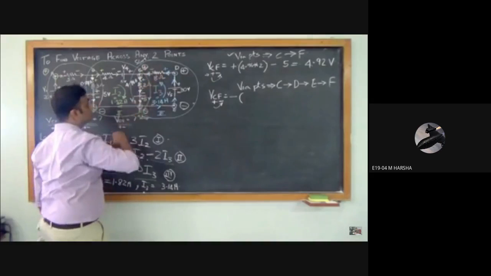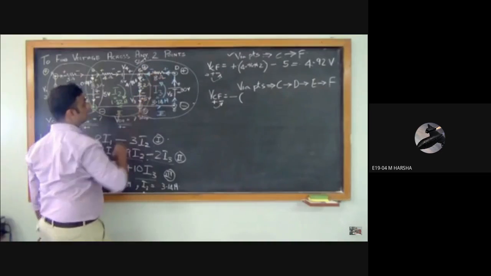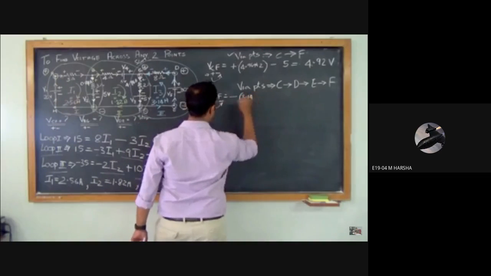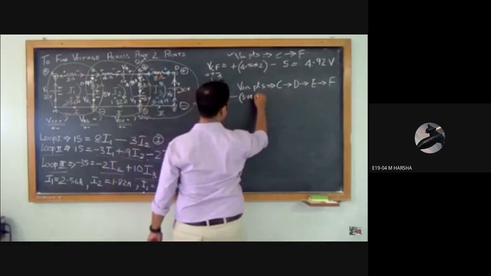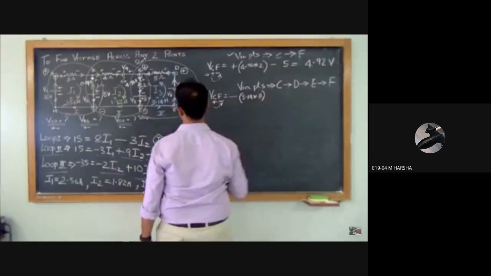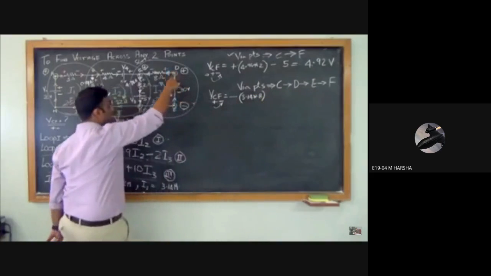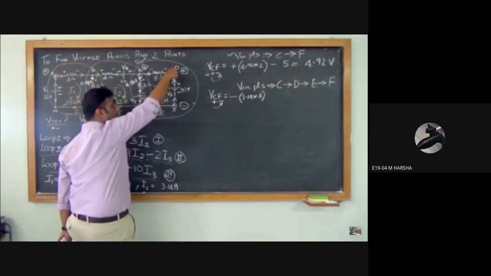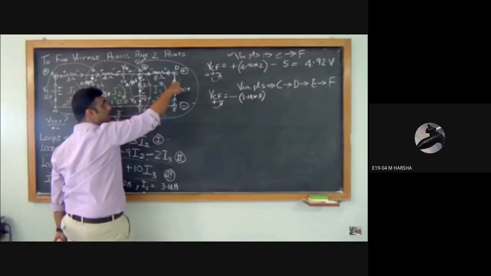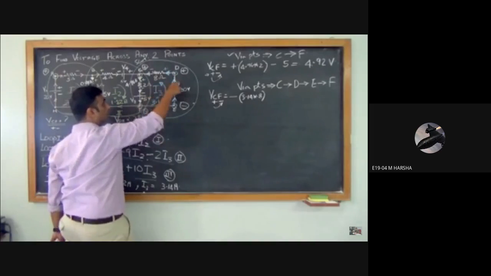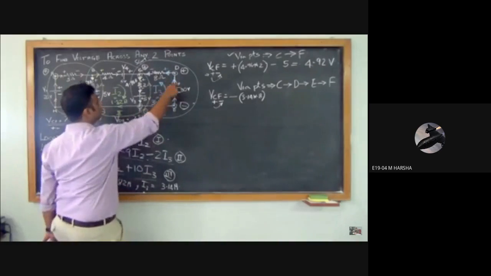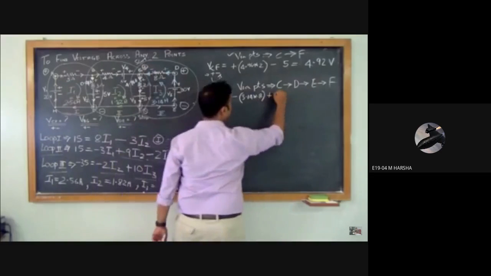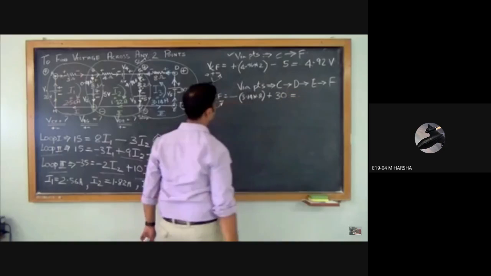Find out the voltage drop. What is the current flowing in the 8 ohm resistor? It is I3, which is 3.14 into 8. Now, again, moving from C to D and now from D to E. When it is moving from D to E, the first terminal it touches is the positive terminal of your voltage source. So, positive into positive, positive. So, it is 30 volts.